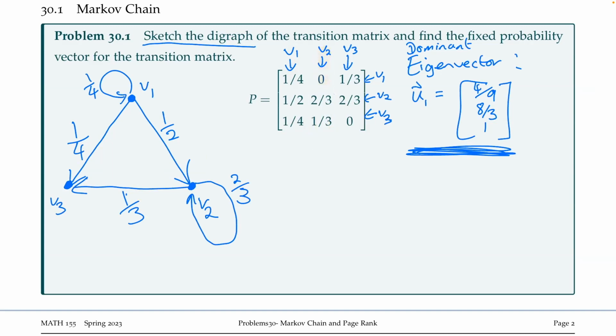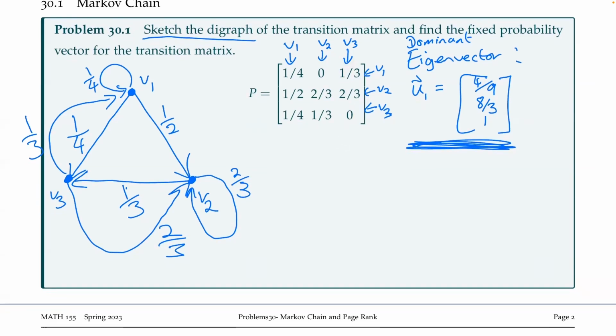And then one more column. We have V3 to V1, this entry here, with weight 1/3. We have V3 to V2. So that's going in this direction like this, weight 2/3. And then there's nothing from V3 to itself. Weight of 0 means there is no edge.